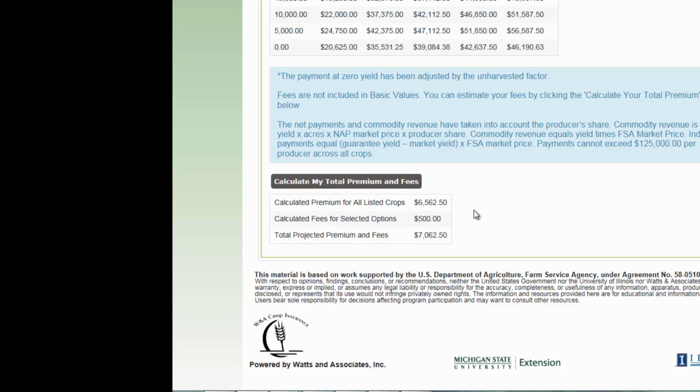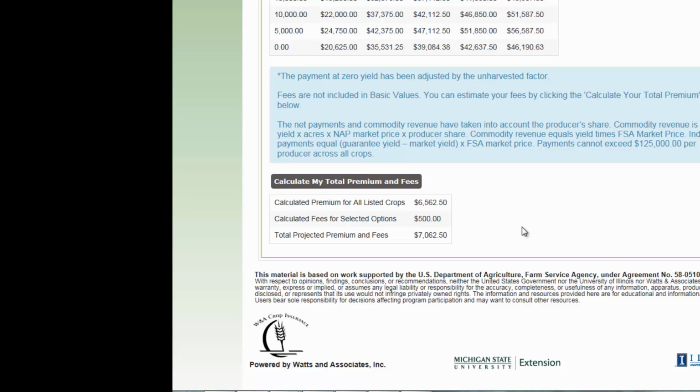So if you had 6 crops here, this premium for all crops would still be $6,562, but you'd add up a $250 fee for each of the different ones. So when you add those together, your total projected premium and fees add up to $7,062.50. The fees are due as you sign up for the NAP protection. The premiums are due closer to harvest time.